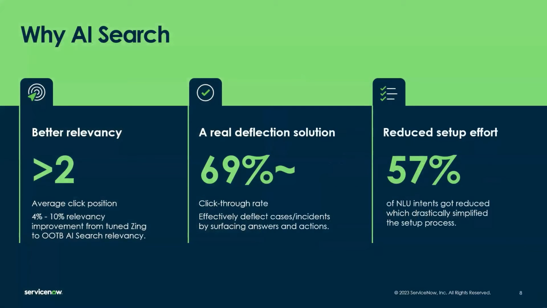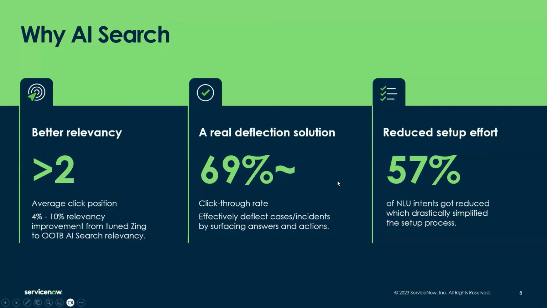So why AI search? Of course, AI search can provide better relevancy. It can give more relevant search results by using various new technologies, whether it's machine learning or NLU, natural language understanding.